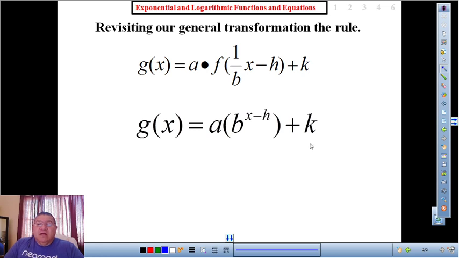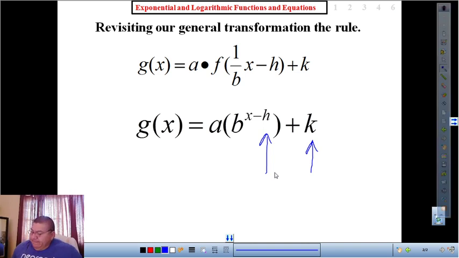So first of all, what does k do and what does h do? Think about it. We remember that k goes up and down. And how about h? Side to side. That is correct. How about a? What does a do? Exactly.